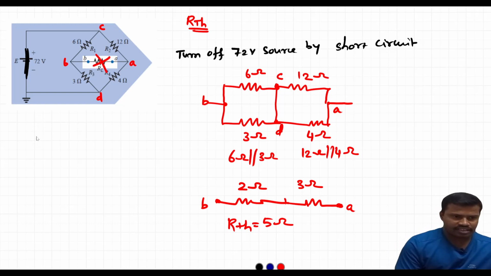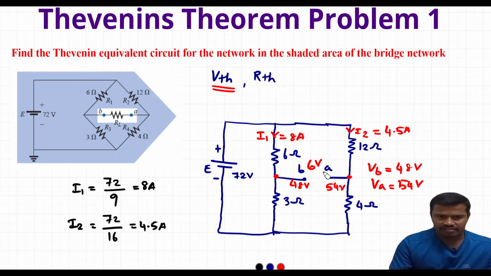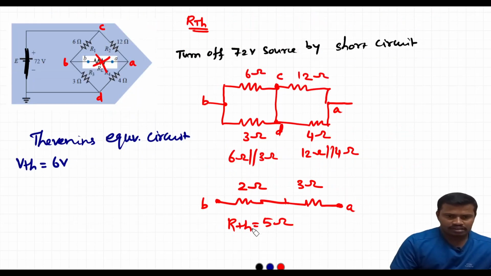Now we will draw the Thevenin's equivalent circuit. We know that VTH is equal to 6 volt and RTH is equal to 5 ohm, and we will connect back the RL resistor in the equivalent circuit.